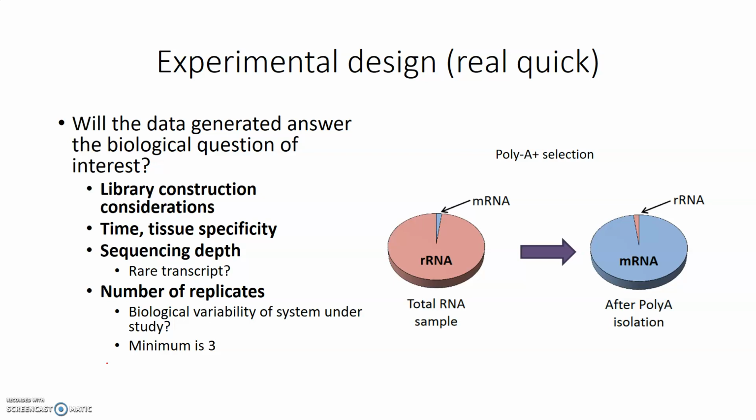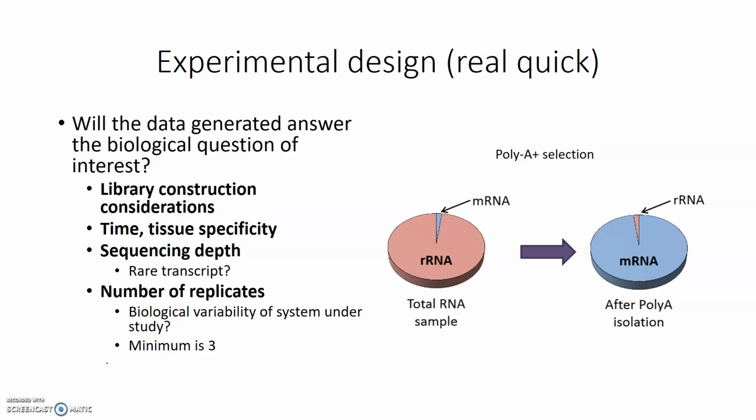We know that the transcriptome can vary based on the time that we collect a particular sample or the tissue that we get that sample from. What sequencing depth do we want to use? Remember, we ask this question when we are trying to identify a disease variant, for example.